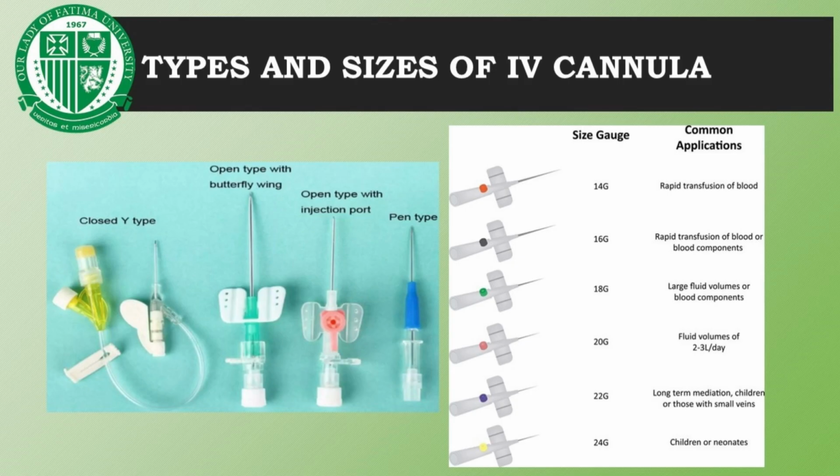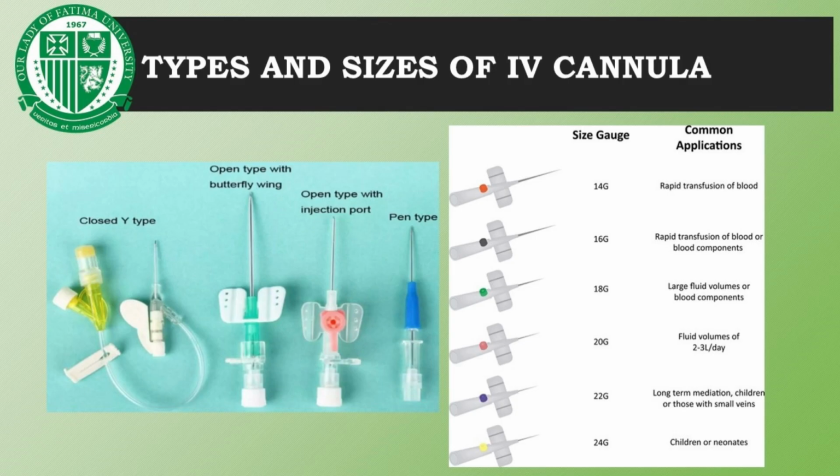The 20-gauge pink IV cannula has an outer diameter of 1.0 millimeters and an ideal flow rate of 60 milliliters per minute. It is commonly used in routine infusions, medications, and blood sampling. The 22-gauge blue IV cannula has an outer diameter of 0.8 millimeters and an ideal flow rate of 36 milliliters per minute.